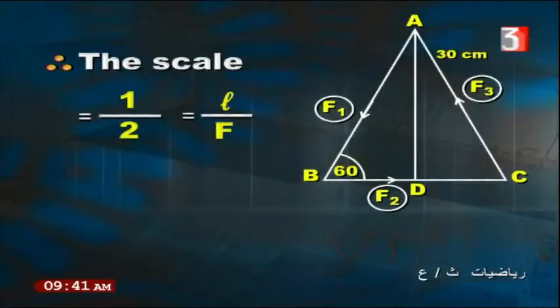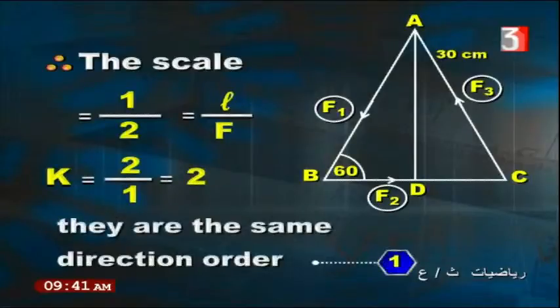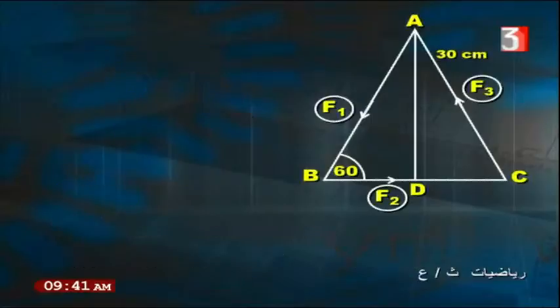The side L, the force F, 1 over 2. Therefore, the constant K, the ratio between the force and the side, equals 2. They are in the same direction order.